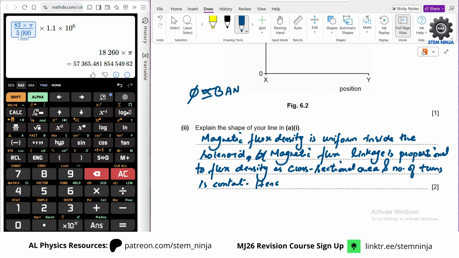Hence, a constant horizontal line at a non-zero value. Right, okay.